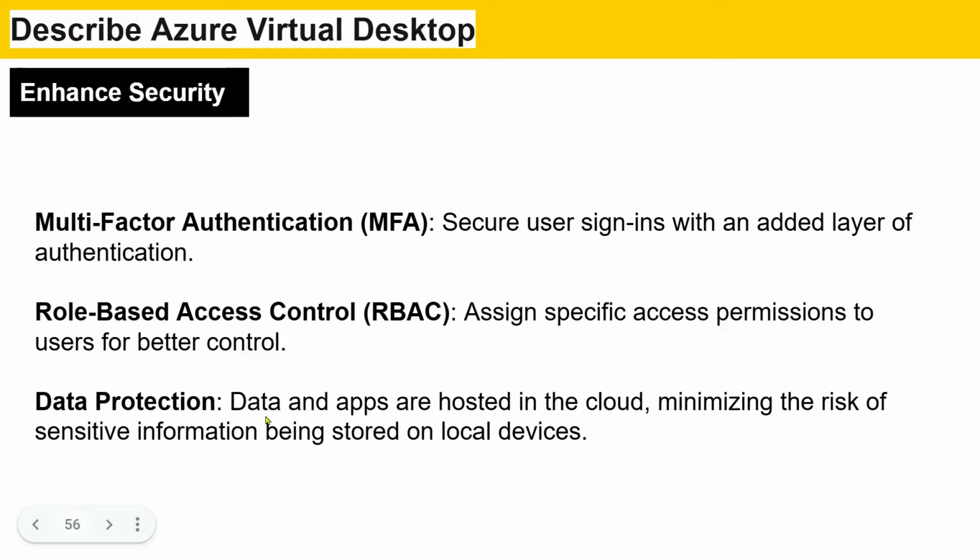Data and applications are hosted in the cloud, minimizing the risk of sensitive information being stored on local devices. You getting it? If I'm using my own local device, I might store a lot of files and documents on my local drive. So that is a risk of data security. That's where the virtual desktop gives you that data protection layer. You are minimizing the risk of sensitive information being stored on local devices.